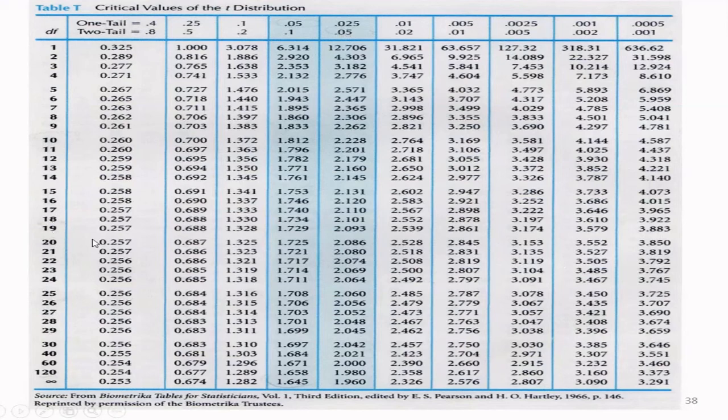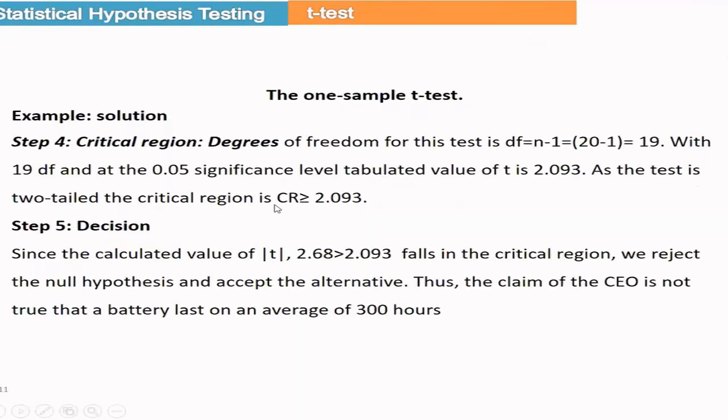Our degrees of freedom is 19, so go to row 19 and column 0.05. Here we don't need to divide by 2 because for two-tail it is given separately. So for the two-tail test with 19 degrees of freedom, the tabulated value of t is 2.093. This is the t table we used. So the critical region will be greater than 2.093.